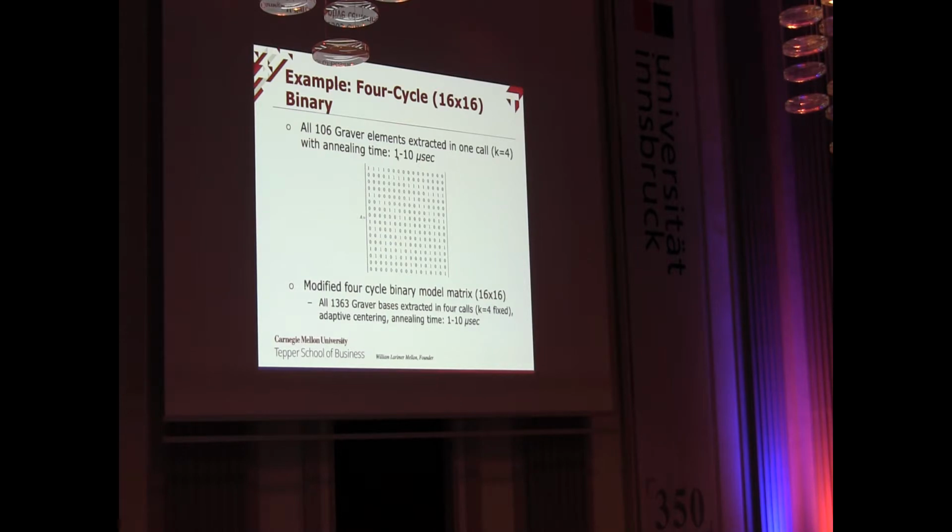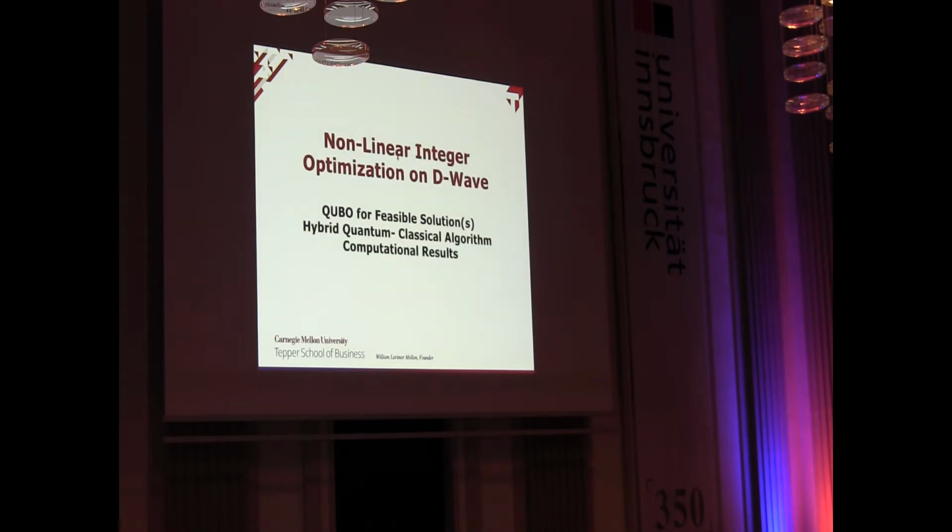In binary matrices, though, we have more luck, and in this example, in one call, we extract all of the Graver basis, 106 elements. But when we randomly change the binary matrix in this specific size, we have to do more calls, adaptively changing the starting point of the encoding and the width of the encoding.